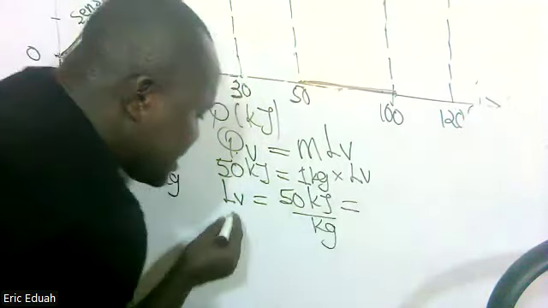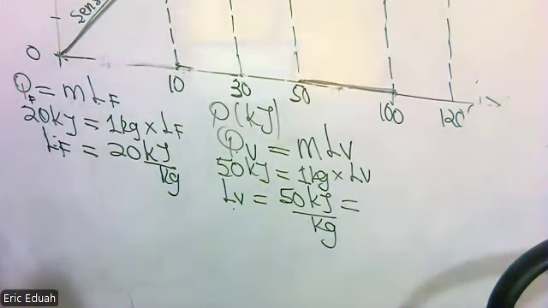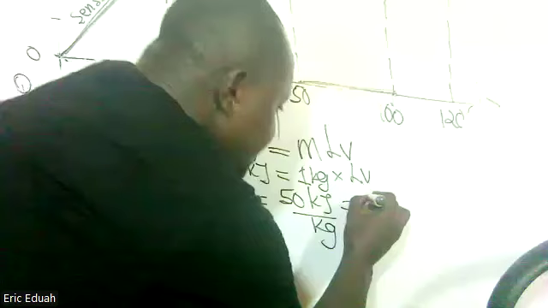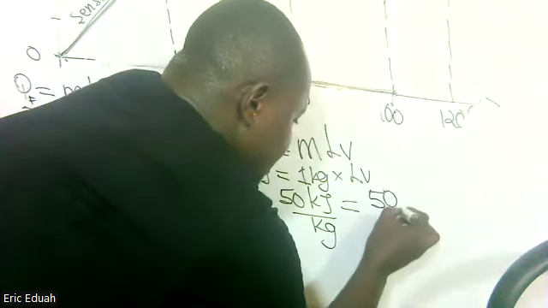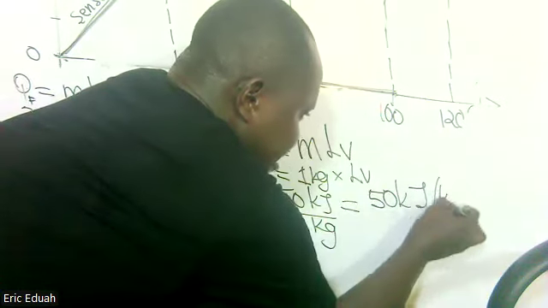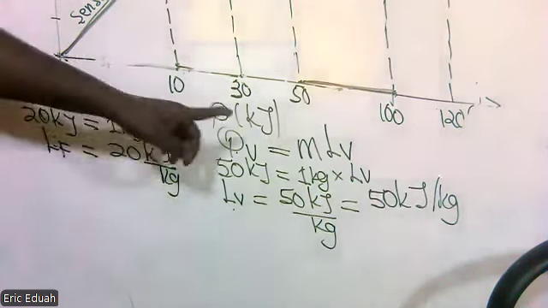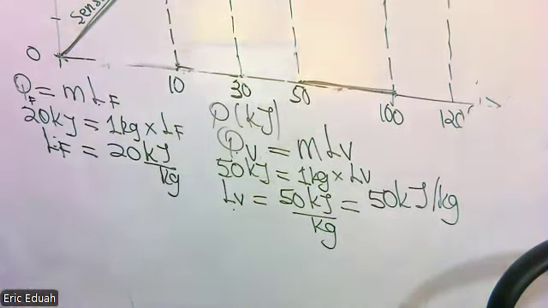So it means that the specific latent heat of vaporization of the material is 50 kilojoules per kilogram. So Priscilla, you were right. Okay. So usually when you are calling out this, please do not forget about the units. Do not forget about the units.